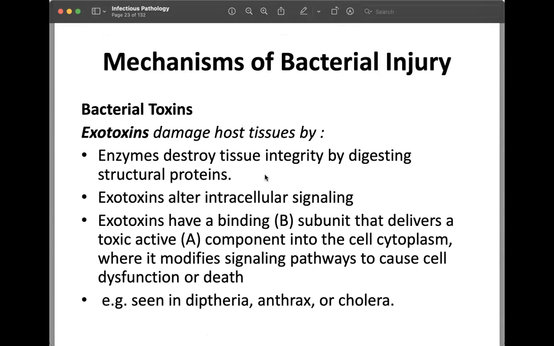Exotoxins, on the other hand, are secretory enzymes.